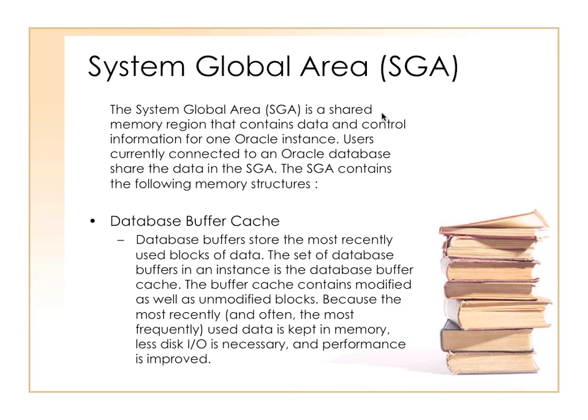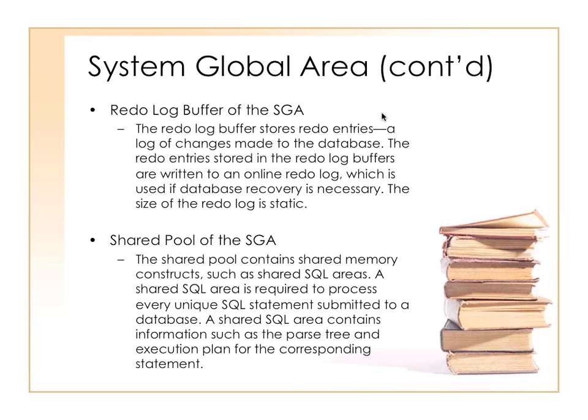Database buffers store the information, and a set of those buffers is called a database buffer cache. So as you're seeing this from a definition perspective, we're continuing to go from smaller to larger, both from a physical perspective as well as from a memory perspective.